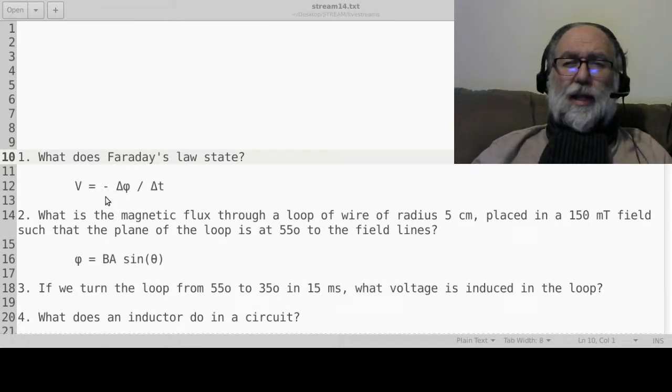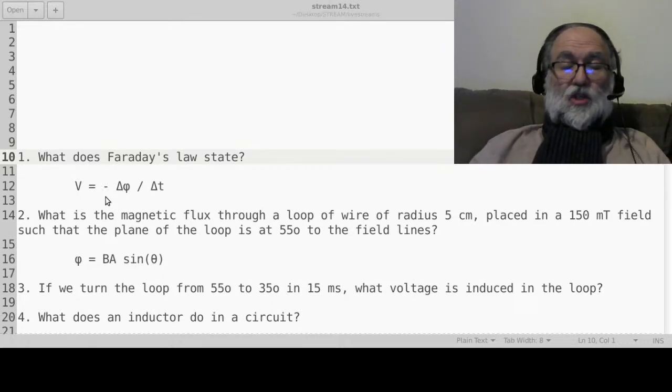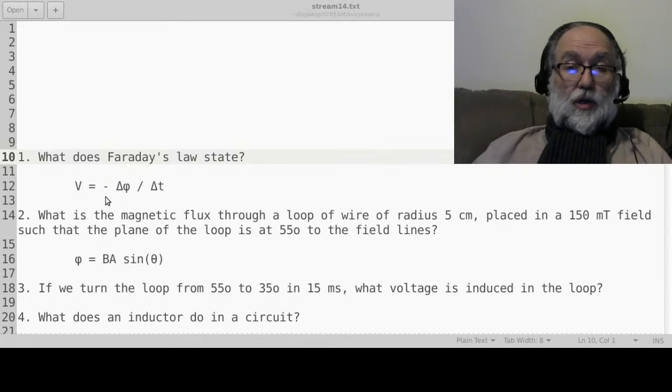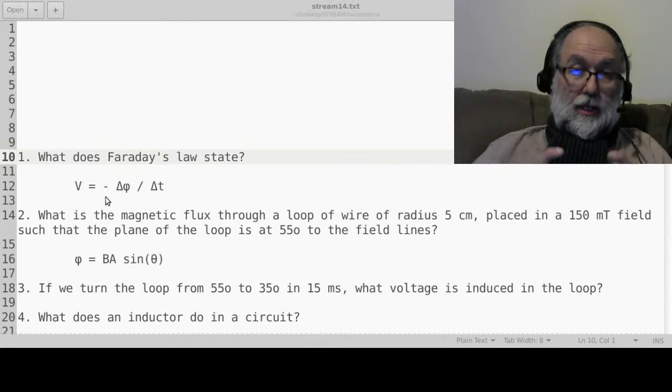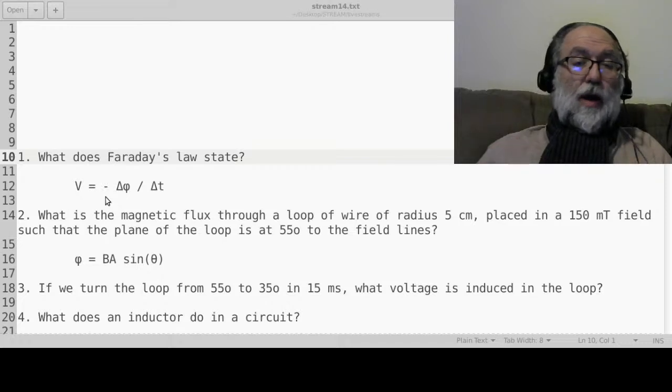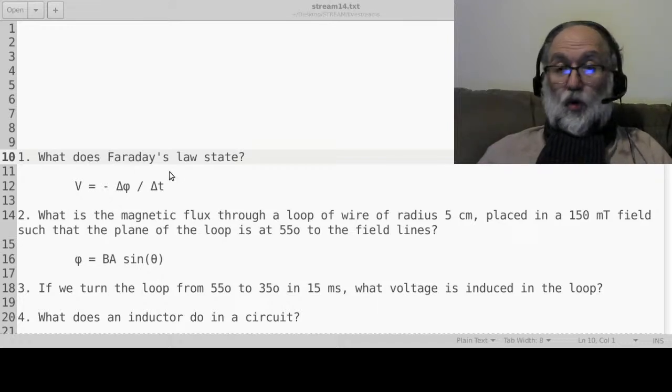The current is trying to stop the B field from changing. It can't, but it's trying. That's Lenz's law, which tells you the direction in which the current is induced in a closed loop. All right, that's enough for qualitative.